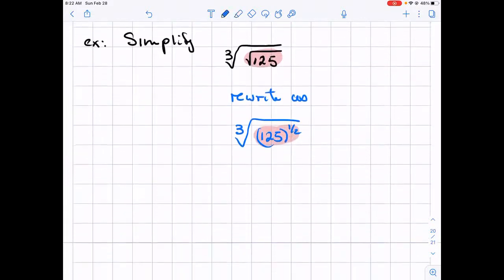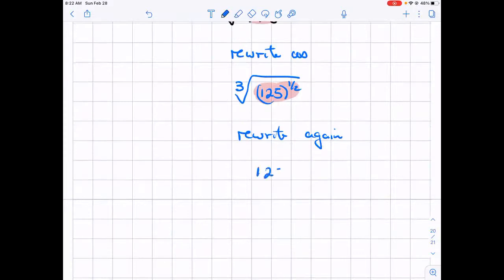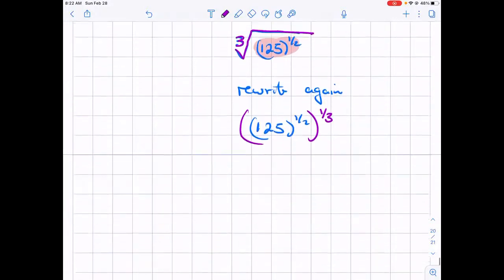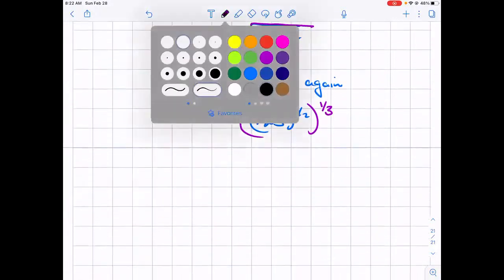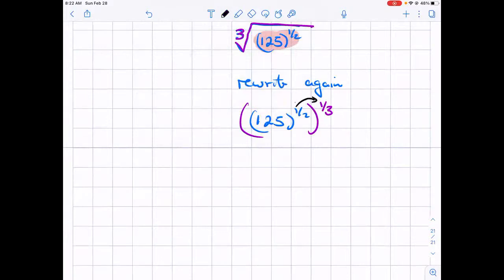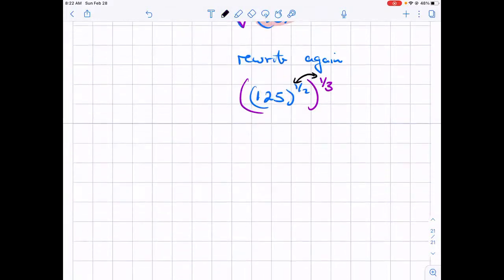And I can rewrite this again as 125 to the 1/2, but now everything to the 1/3, because this portion here, cube root, is 1/3 power. And now clearly you see that we can simplify, because when we have power to the power, we multiply. So this becomes 125 to the 1/6 power.